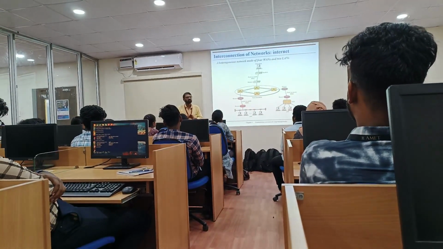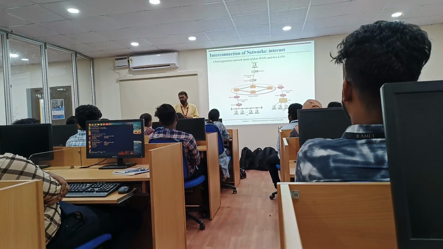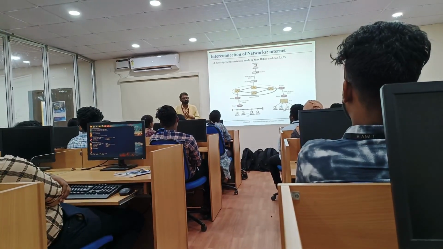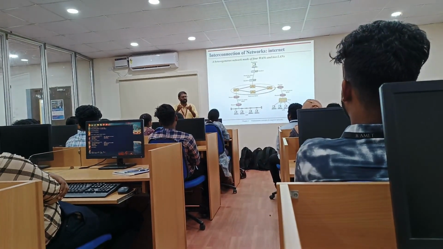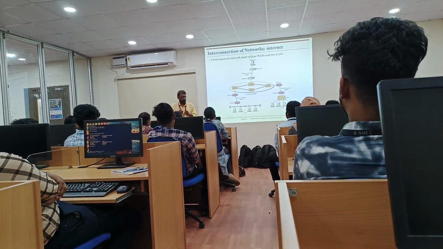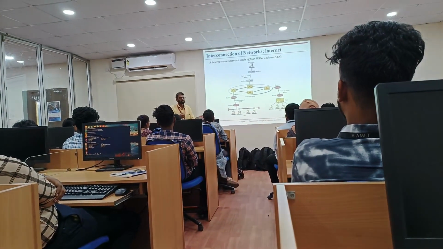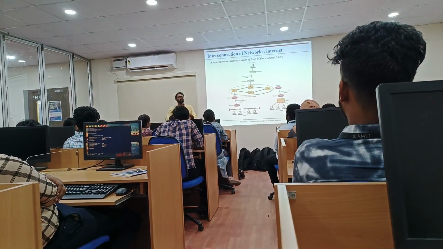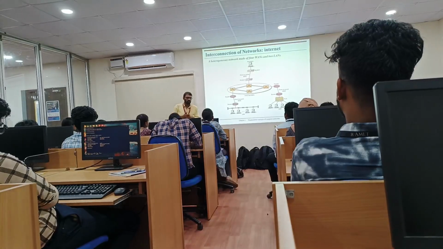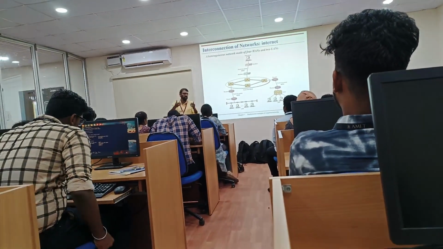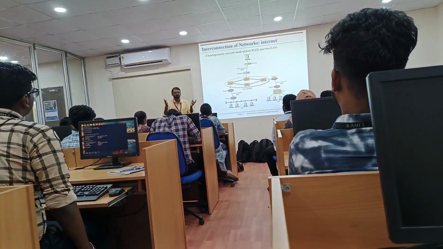The best example is the postman service. How the postman collects your letters and transmits them to the corresponding destinations. Suppose you are supposed to send a letter to a destination, a very famous place, Delhi or Cochin, whatever.